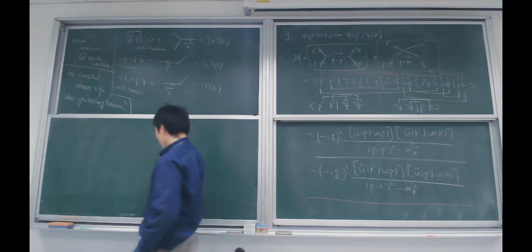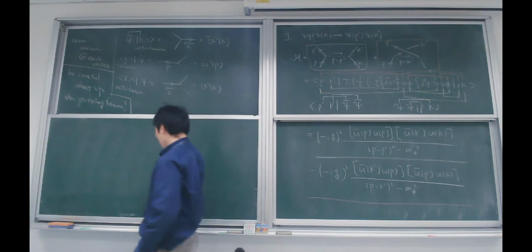So now we will apply the second one: psi p, psi bar k, and then phi and phi. Nucleon, anti-nucleon. So I draw the diagram this way. It's a bit more interesting than before, hopefully.